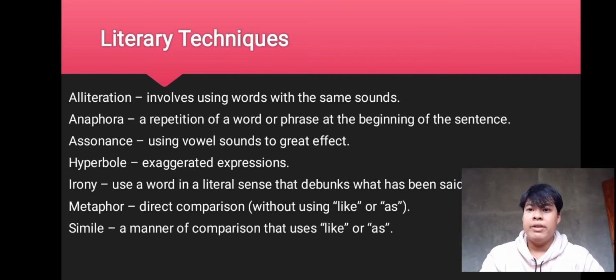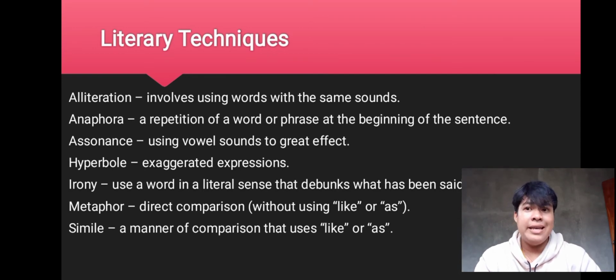The next literary technique I will be discussing is anaphora. What do we mean by anaphora? As you can see in the presentation, it is a repetition of a word or phrase at the beginning of a sentence. Take note, a repetition of a word or phrase at the beginning of a sentence. It is a rhetorical device that features repetition of words.